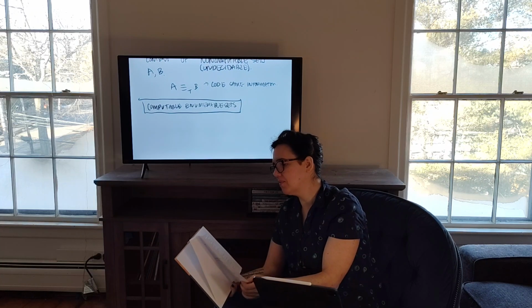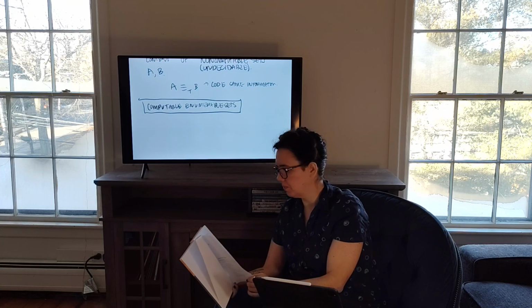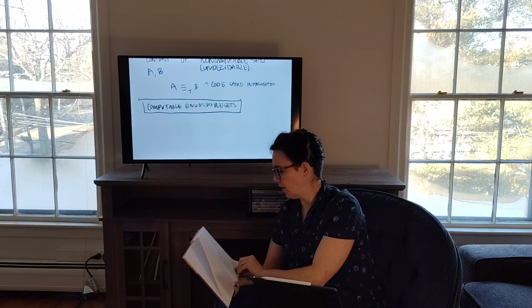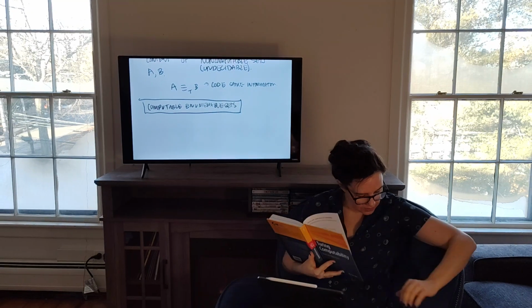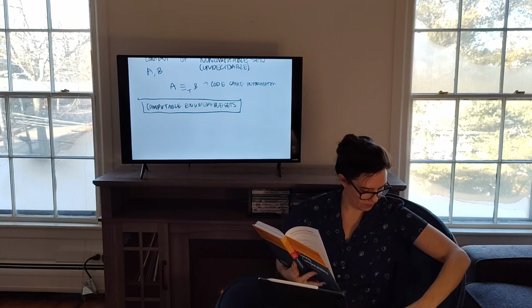Now that's only 20 pages. Maybe we'll move a little faster. Maybe we'll get into computable enumerable sets, but there's no reason to rush. But this might take a little while, so we'll maybe be here for a while. That's my goal, though, just to really get a good handle on defining computability. And we can see there's lots of interesting stuff.